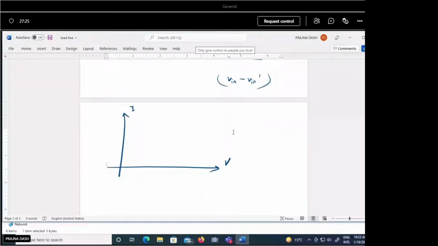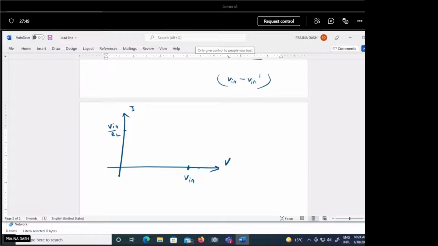Obviously when the voltage is Vin, just like V equal to VD, here we have to consider V equal to Vin. Likewise, we get the minimum current point when we take Vx as 0. In this case it will be Vin by RL.